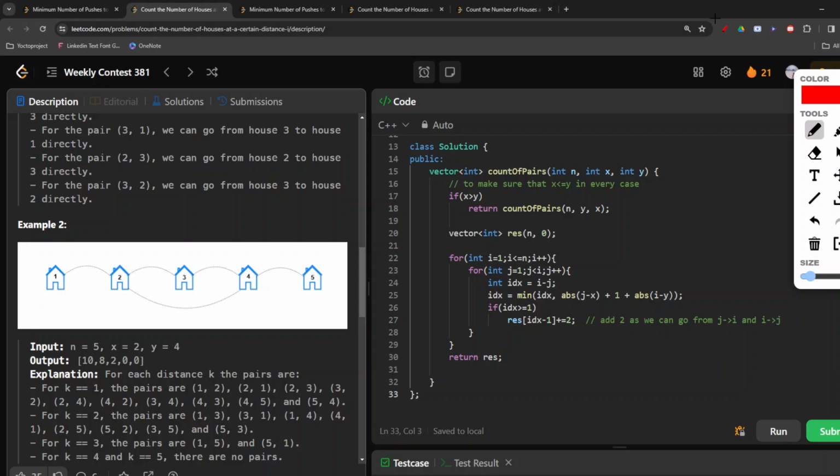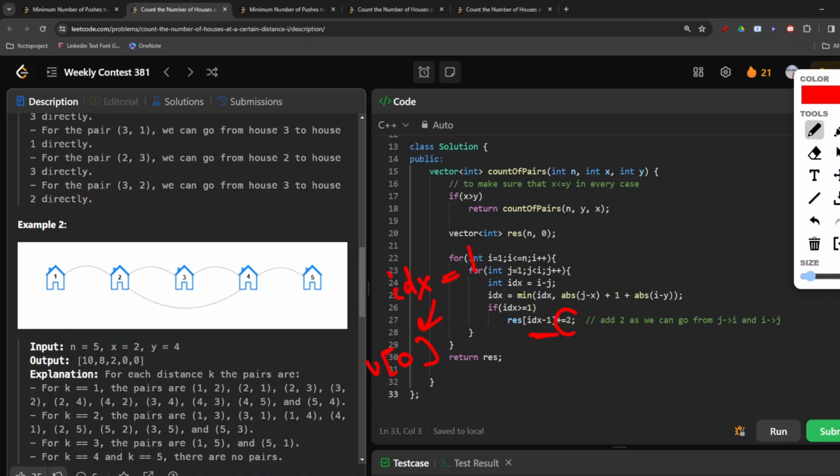Although we are required to return the one indexed result, the resultant itself is zero indexed, meaning the vector starts from zero indexing, right? So whatever index equals 1 would be, it is required to be stored at b of 0, right? So that's why we are storing it like this. This is the main context for the same.